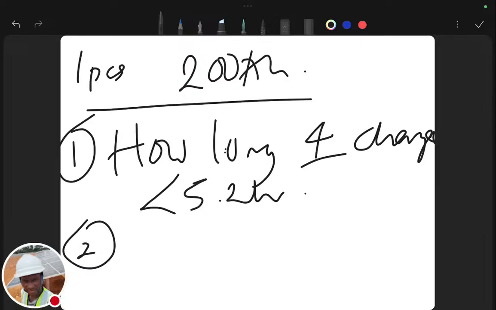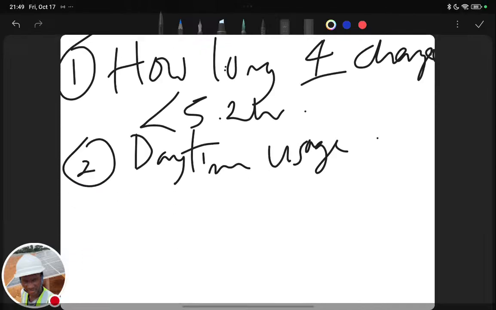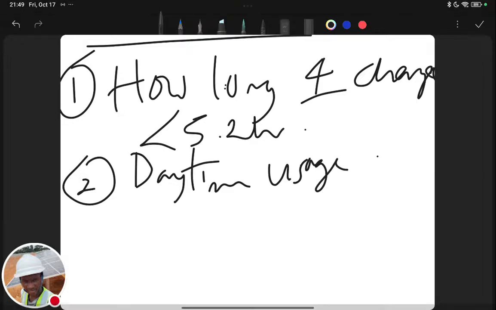The second question you need to consider is daytime usage. If you design your solar panel to charge your battery in 5 hours, it will not charge it in 5 hours because the person will be using it during the day. So part of the panel power that's supposed to go to the battery will go and power the person's house. So that is another issue. You need to consider that.